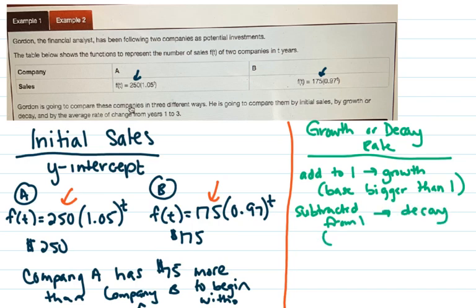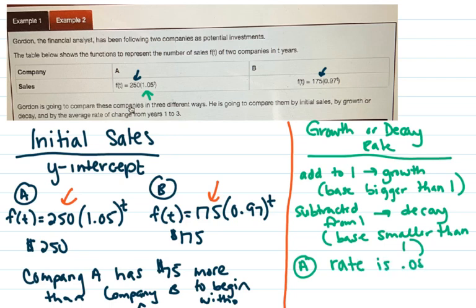So if your base is smaller than 1, you'll know it's decay. So looking at our company A, our base is 1.05, and the rate itself is what's being added to 1. So what's being added to 1 is 0.05. So for company A, our rate is 0.05 or 5%, and it's growing.